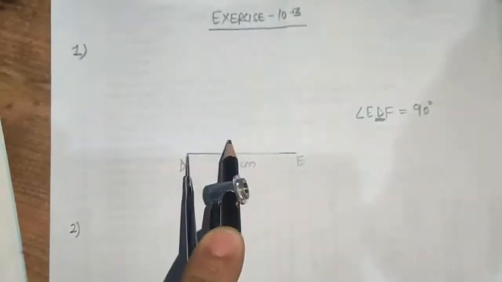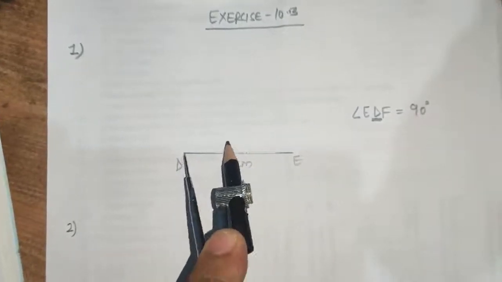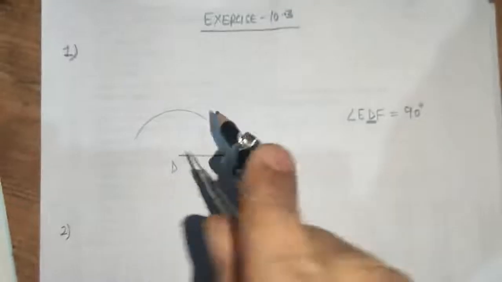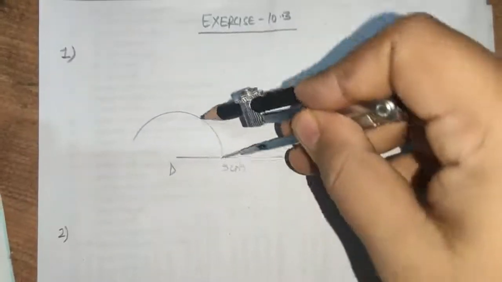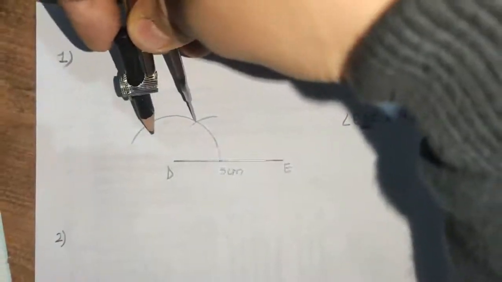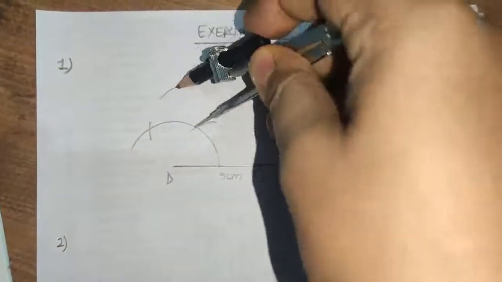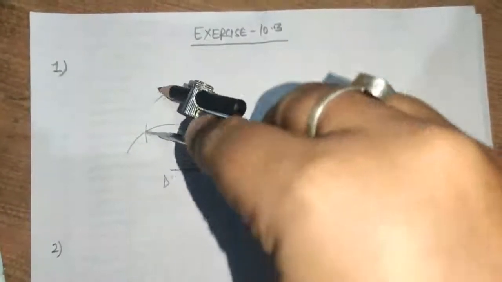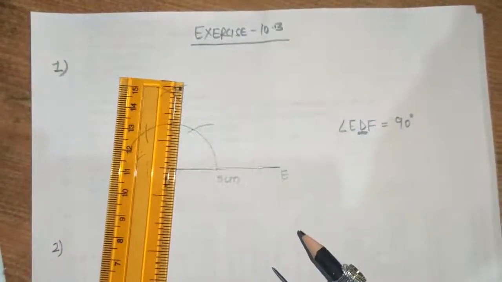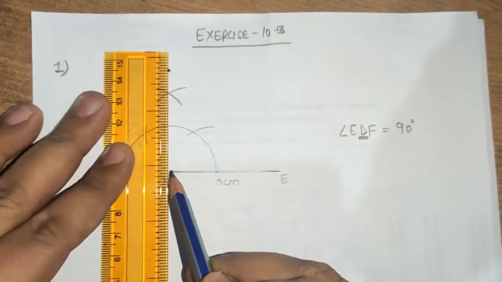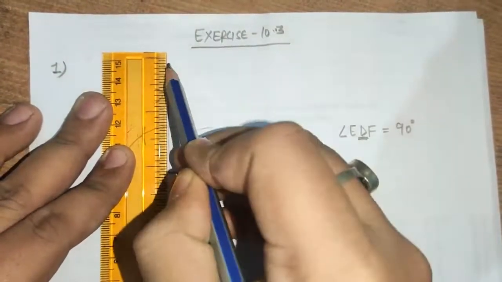First of all, draw a semicircle on D. Now without changing the distance, draw the first arc, then from the first you will draw the second arc, and from the first you will draw the third arc. Now from the second arc you will draw the fourth arc. Now we will join, and this angle is of 90 degree.